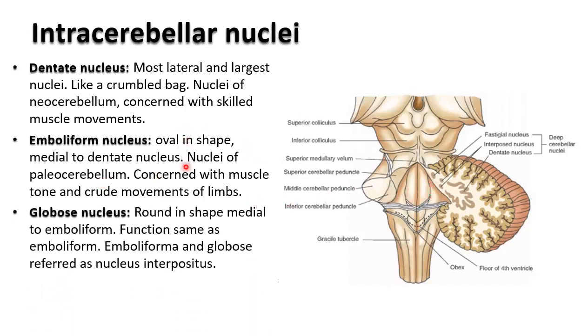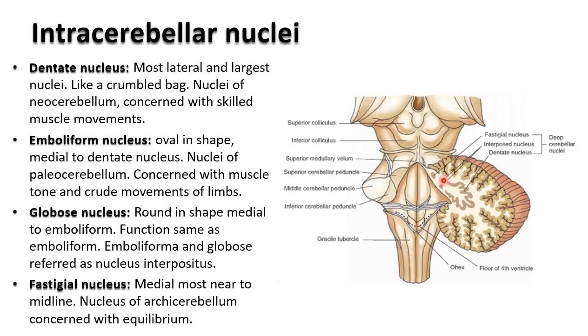Since they have the same function and are present between the dentate nucleus laterally and the fastigial nucleus medially, these two together are called the nucleus interpositus: emboliform and globose nucleus. Their efferent fibers mainly exit through the superior cerebellar peduncle.